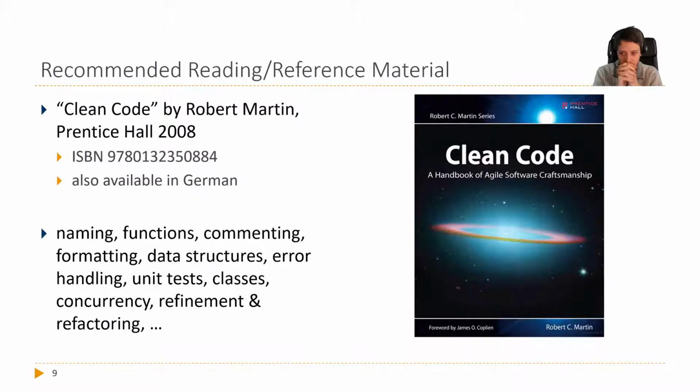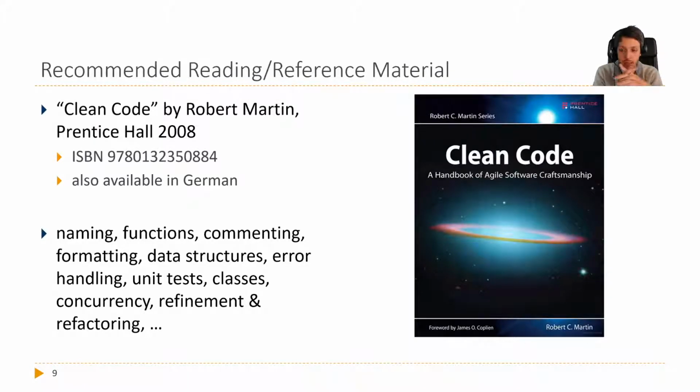In general, I rarely give reading recommendations or reference material, but I can really recommend the Clean Code book by Robert Martin. I put the ISBN up there, so it's extremely easy to find, but also the cover is quite easy to recognize.